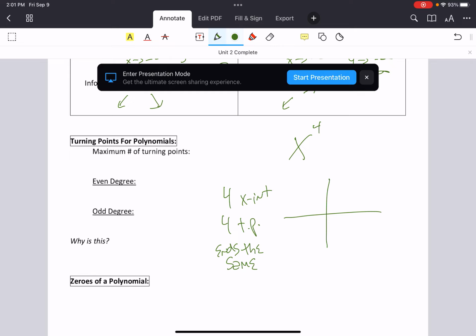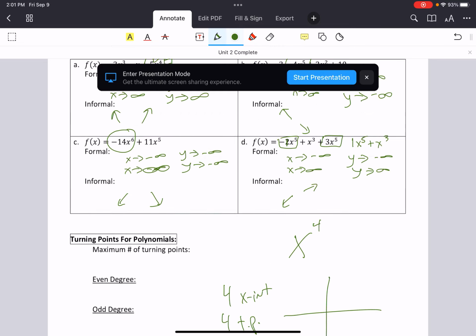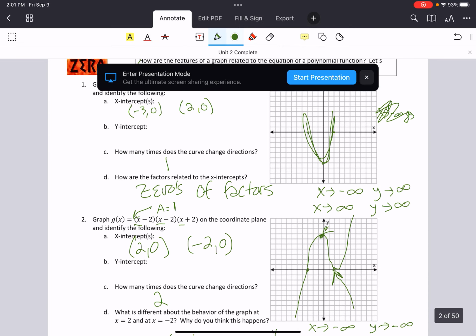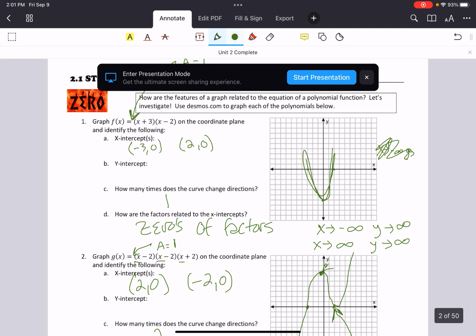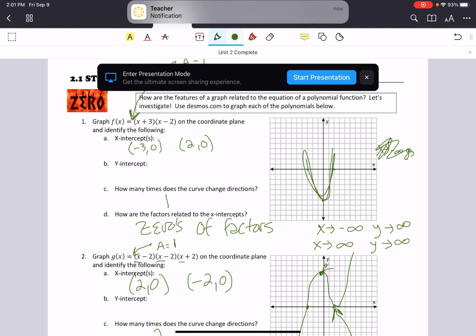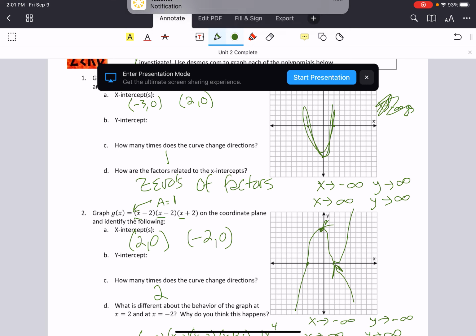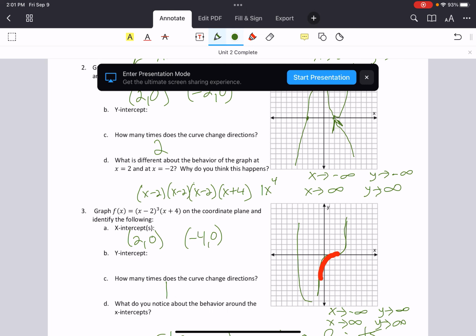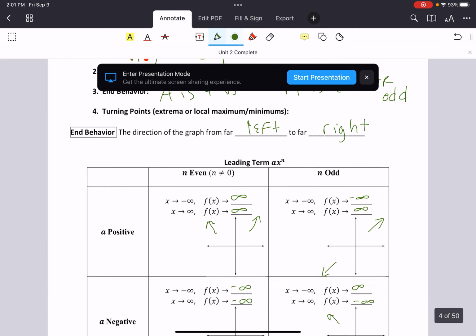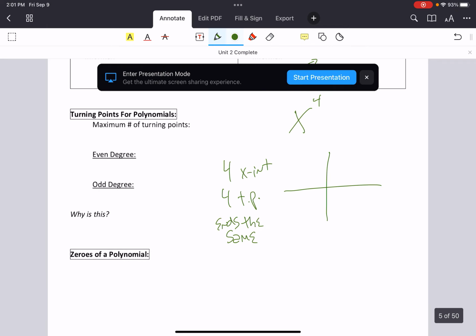That's the whole point, our next pattern. If you look here, could I ever have a parabola, x squared, with more than 1 turning point? No. Okay? I can have an x cubed with 2 turning points. I can have an x to the 4th with 1. We saw one here. You guys just tried to draw for me one that had 4 x-intercepts.